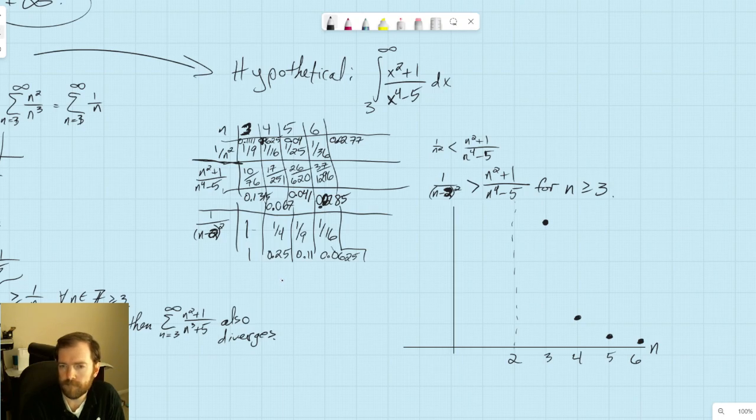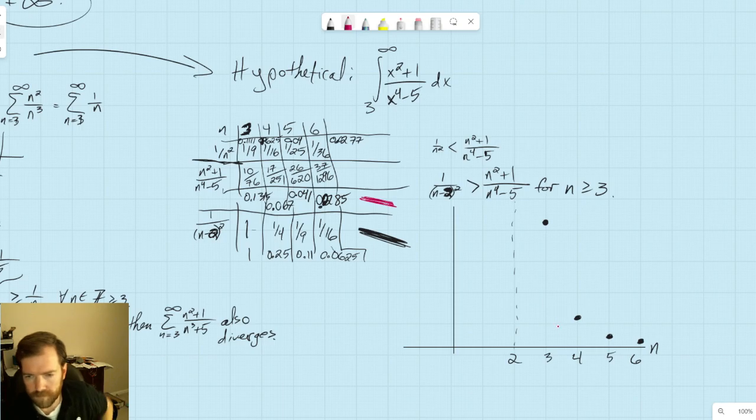And then this one here, again, we have values of 0.11, which is going to be pretty close to here. 0.13, so a little bit higher than that one, but whatever, it's fine. 0.067, which is going to be here. 0.041, which is going to be here. 0.0285, which is going to be here.